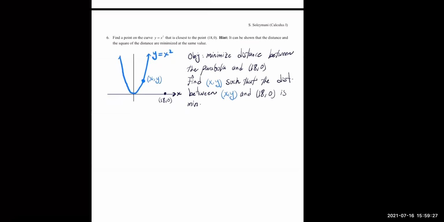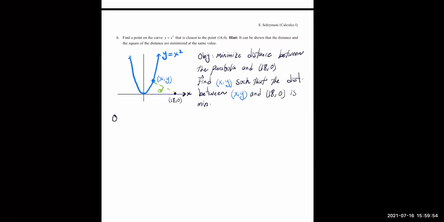Okay, so we all should know the distance formula, the distance between 2 points, this distance right here. I'm going to call it D for distance. Pythagorean theorem. That's how you find distances between 2 points. It's really the Pythagorean theorem. And the formula is this.